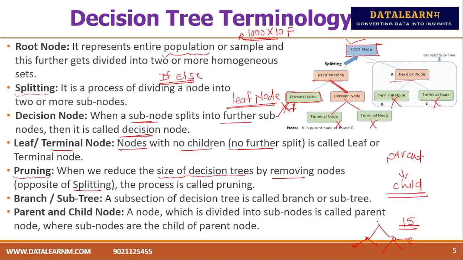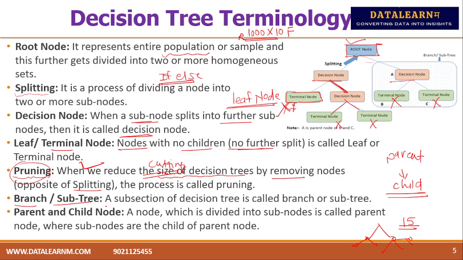To stop that process, we use something called pruning. It's just cutting down the branches of a tree so that it does not grow in a large manner. So in order to avoid the increase in the size of a tree, we use a process called pruning.